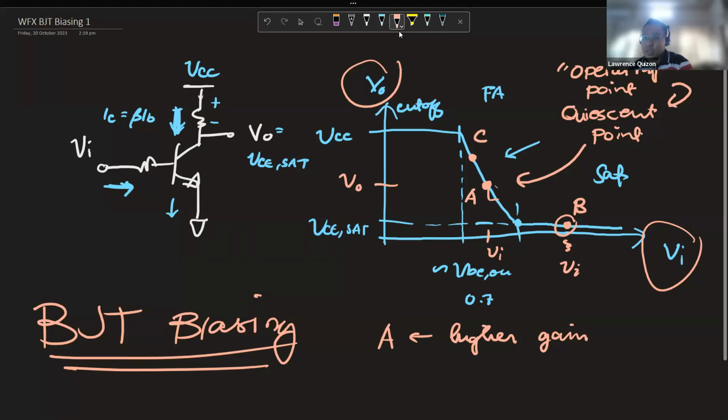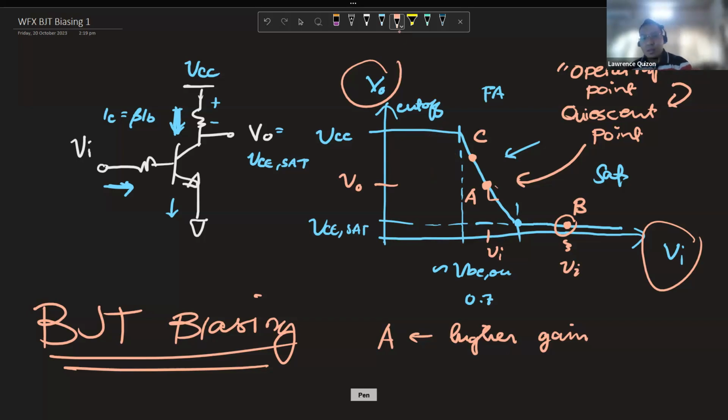So then, why would we choose A over C? This is the thing that I was talking about near the end of the last lecture, which is that if you're in A, your output voltage can swing all this way. Kaso, when you're at C, your output voltage can only swing this much if it's centered at C, right?